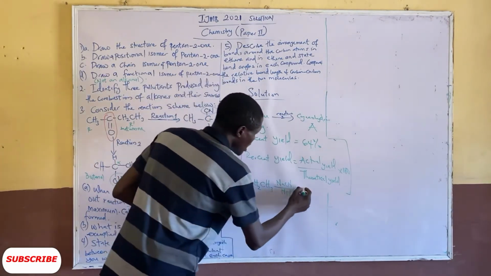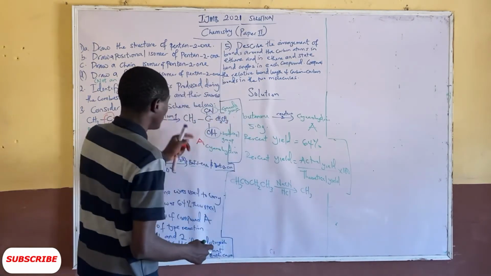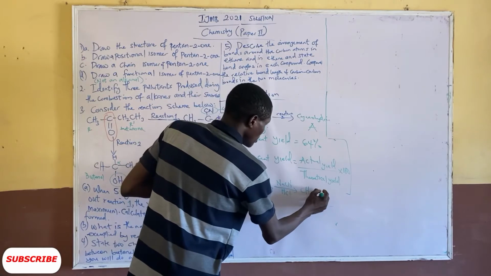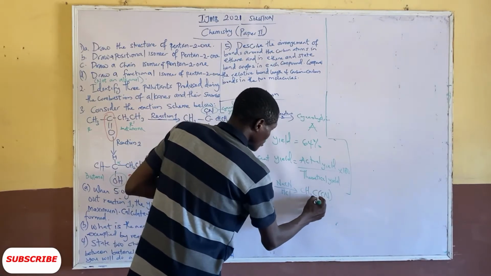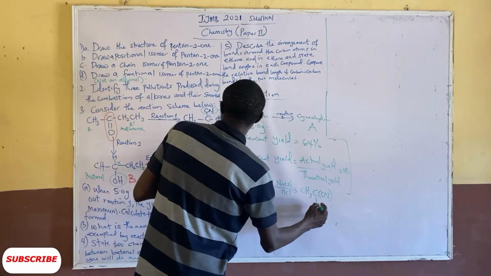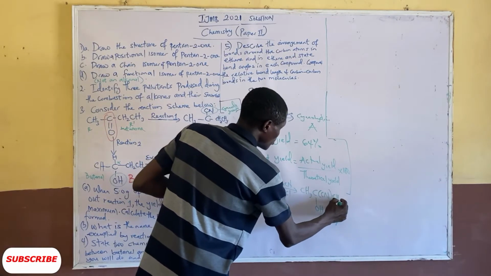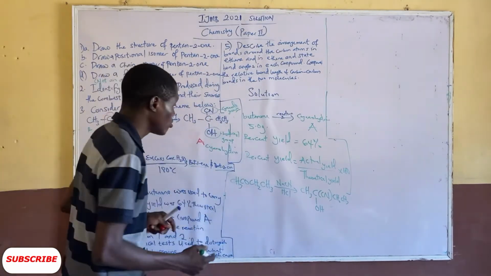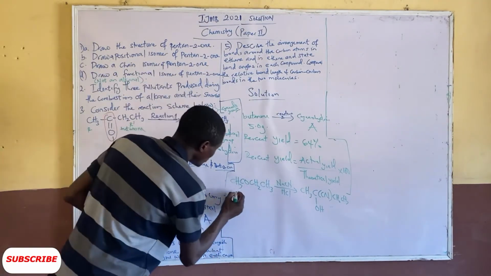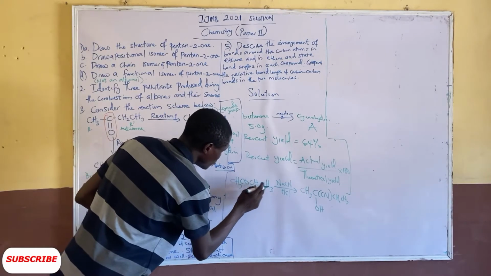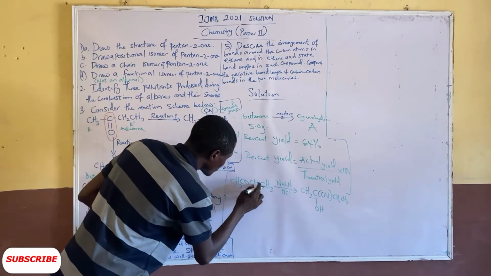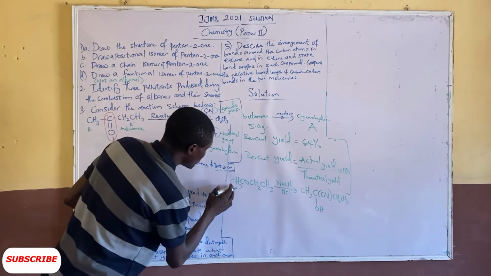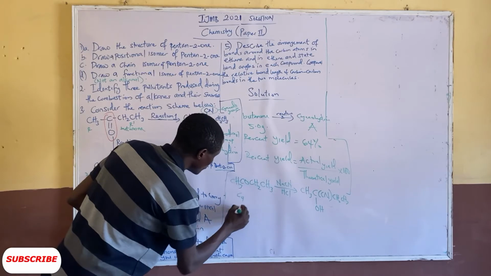cyanohydrin, in condensed form CH3 C(OH) CH2 CH3. Now you must write it in condensed form so that you can calculate the molecular mass. Counting the carbons here: 1, 2, 3, 4, so C4.